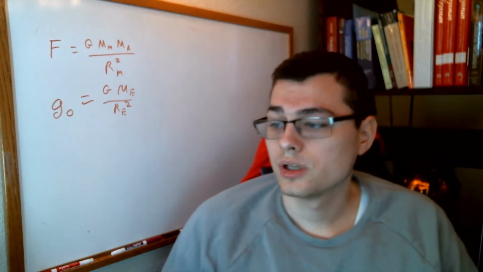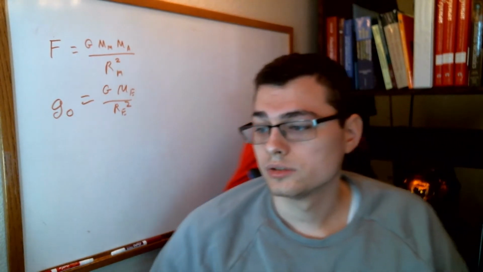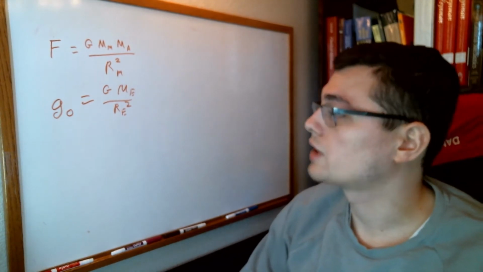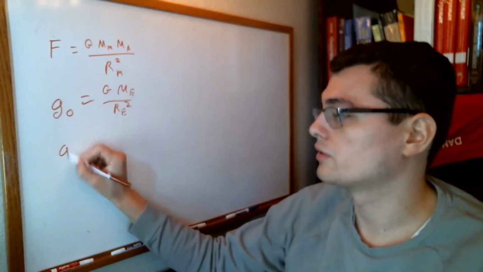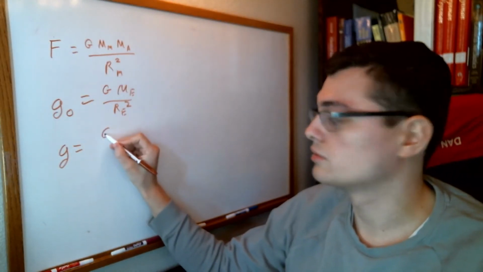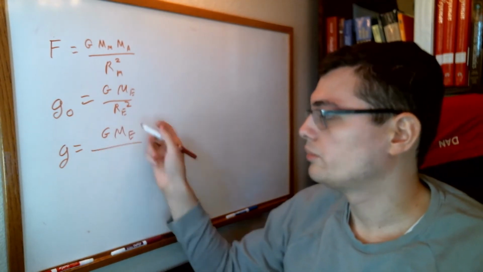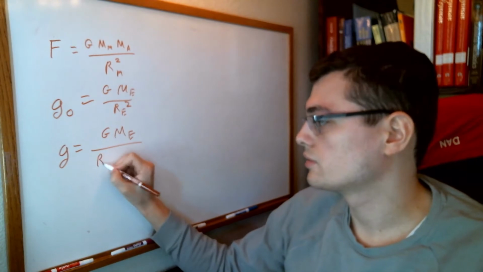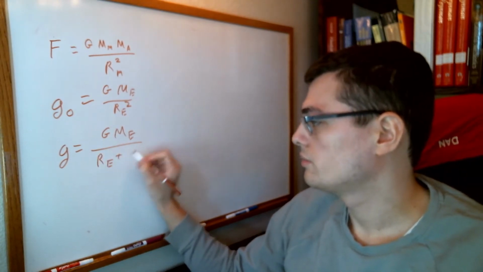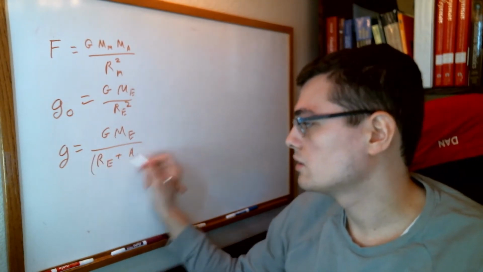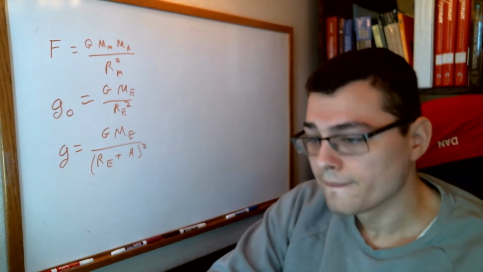And in order to account for the extra altitude, g is going to be equal to G M_E over the extra radius, so it's going to be R_E plus that altitude h, squared.